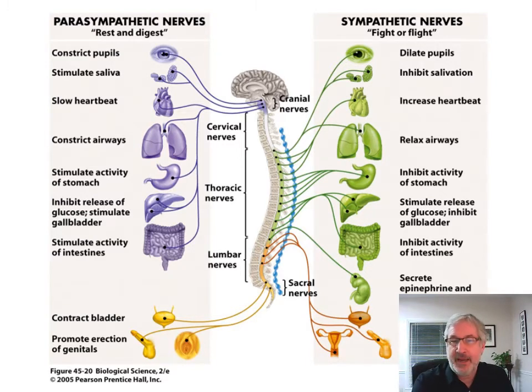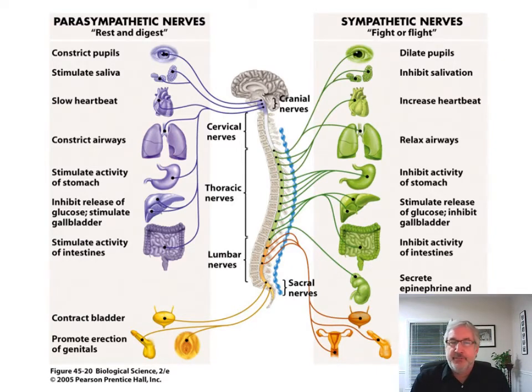And those little ganglia run right alongside the spinal cord. For the parasympathetic system, the ganglia are up here in the medulla and down here in the sacral region. So you can see those.